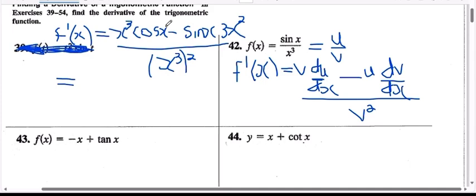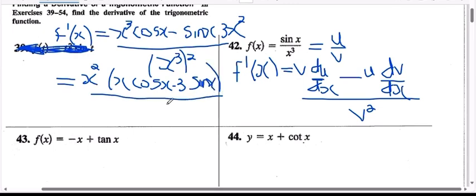If I want to simplify right now, I have s raised to the power 3 here and s raised to the power 2 here. I can write s squared, which is common to both, times s cos s, open parentheses, s cos s minus 3 sin s, close the bracket.